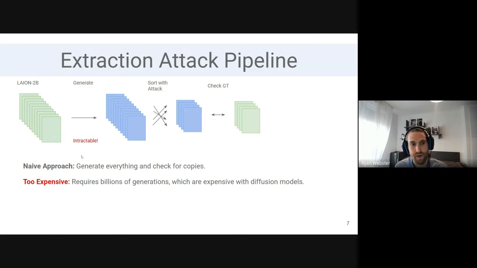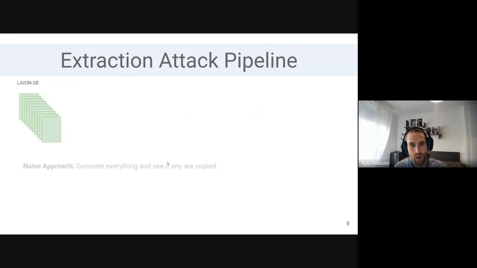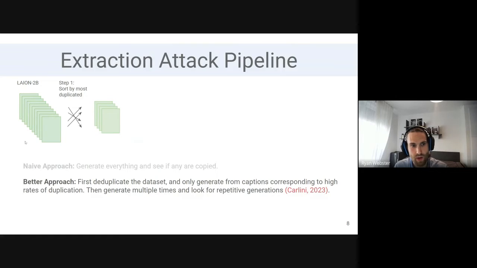You can't generate everything. So what previous work has done is use the hypothesis that if we only look at highly duplicated images, and one of the properties of these big scale datasets is that they have a high level of duplication, then we're going to have a better chance of finding copies.